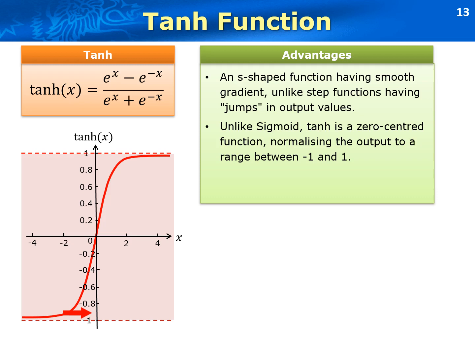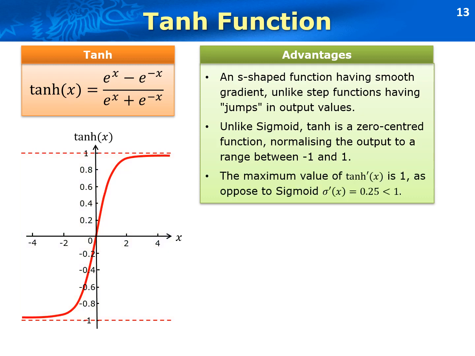Moreover, the maximal value of the derivative of tanh is 1, as opposed to the sigmoid function, whose derivative is maximally 1/4. Thus, the size of the arrow of the tanh function would not be substantially reduced by at least 75% for each layer.